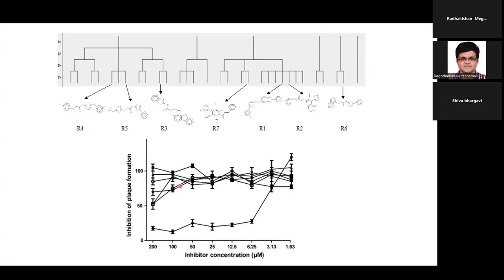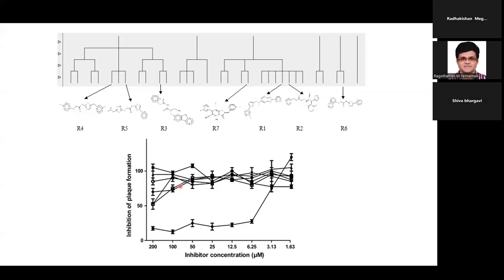Any small molecule, when we take it up inside the human body, gets degraded or metabolized in the liver. So the liver cells are the first set of cells that will encounter these toxic molecules. And if there are toxic molecules, they will lead to hepatotoxicity.